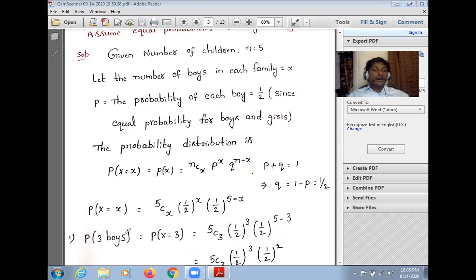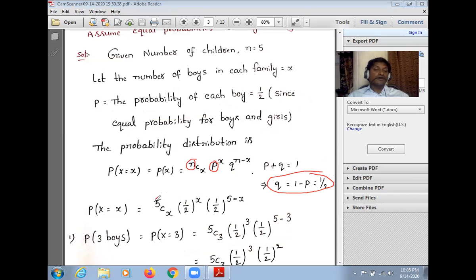Next, P of x is equal to that formula. Of course, we know the value of n, and we already know the value of p. By using p, we can get the value of q. So now we are simply substituting in the formula.